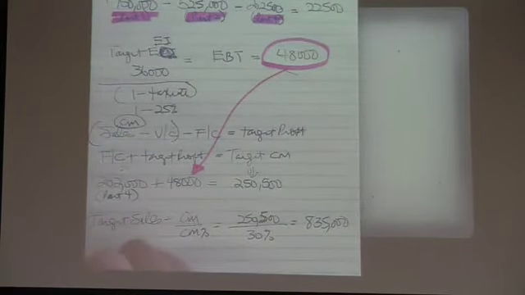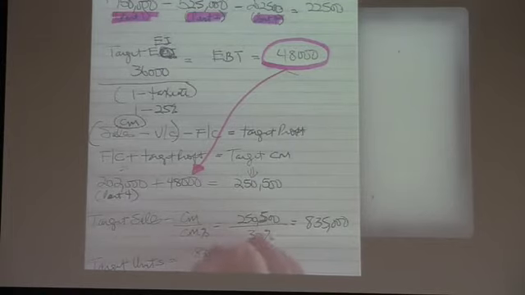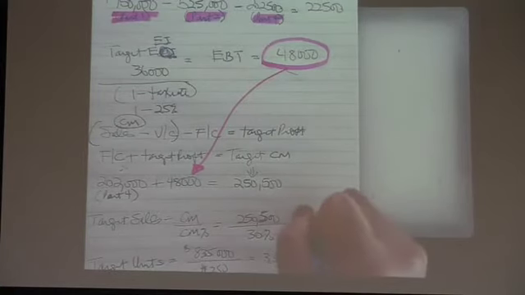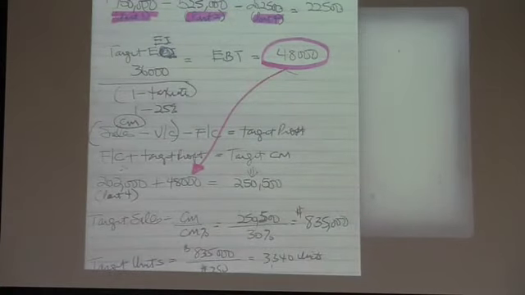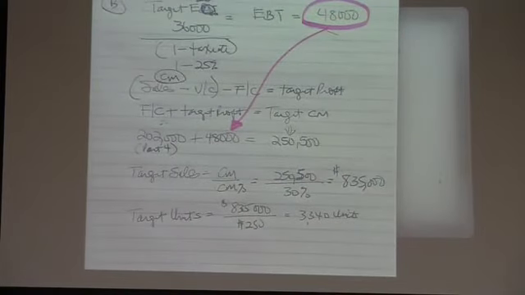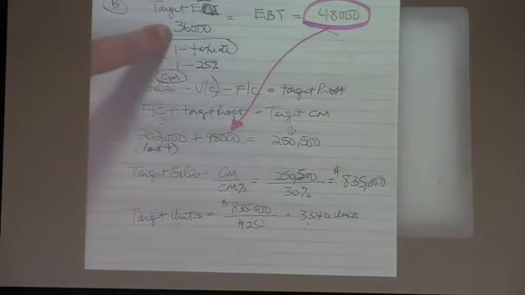Now, target units: it's as easy as taking the 835 divided by $250 per unit. It gives us 3,340 units. Okay, so it's a roundabout way of calculating the target sales and target units to get to a profit of 36,000 after tax.